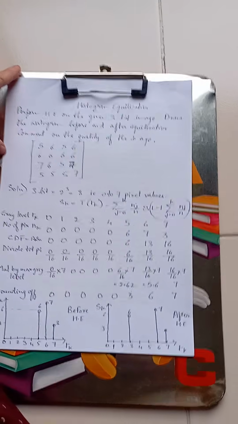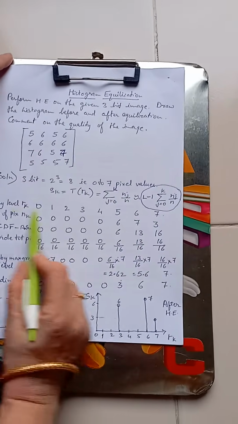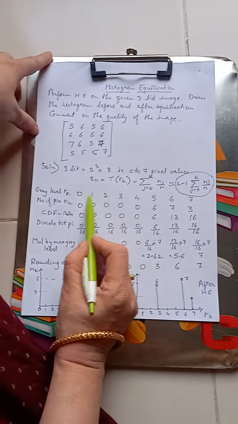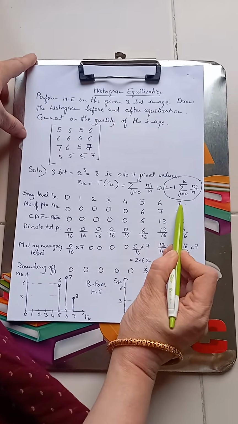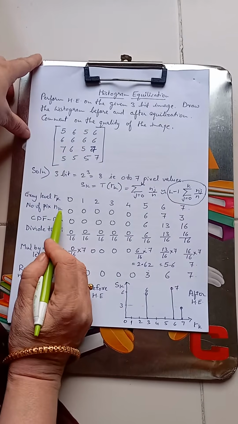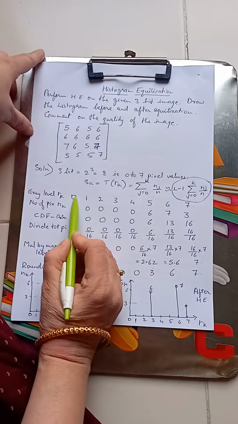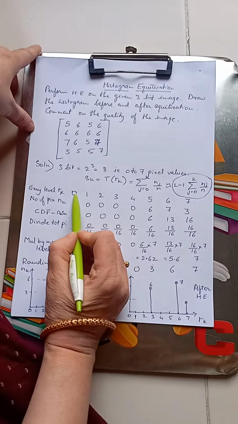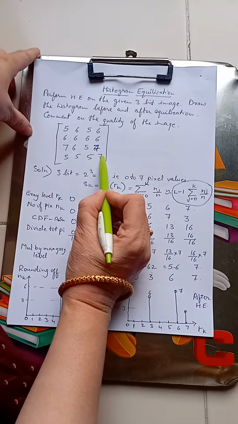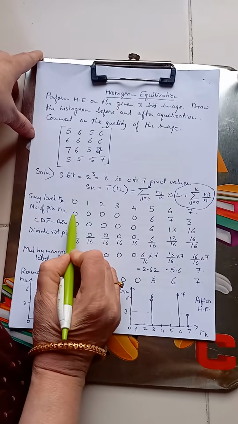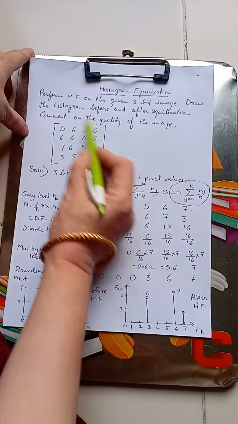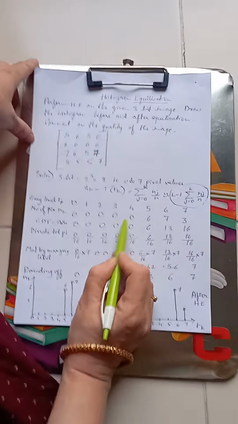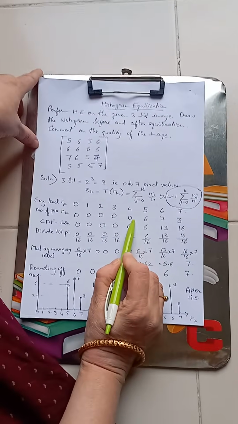The very first step is to list the grayscale values R_k, which are 0 to 7. The next is how many times each of these pixels repeats, which is n_k. Is pixel 0 present here? No, so 0 is repeating 0 times. 1 is also not present, so 0 times, and so on up to 4, there is no 4 in this image.